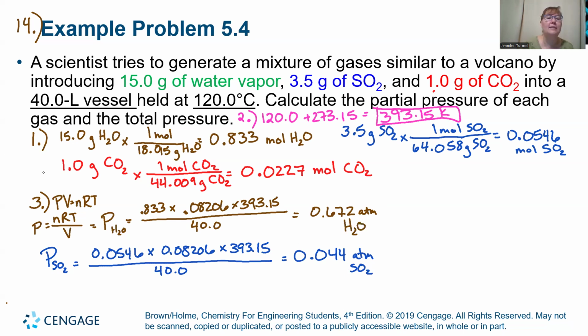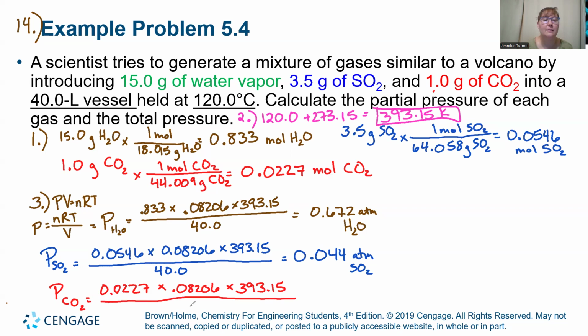Last but not least, we have our carbon dioxide. The pressure of our carbon dioxide is equal to that number of moles, 0.0227, times 0.08206 times 393.15 divided by 40 liters.